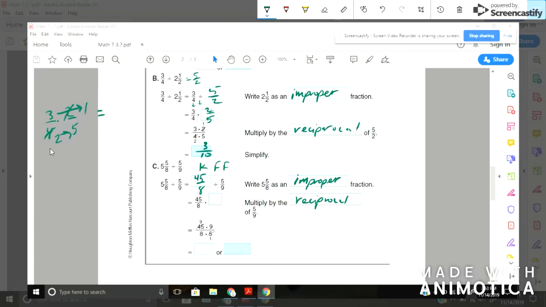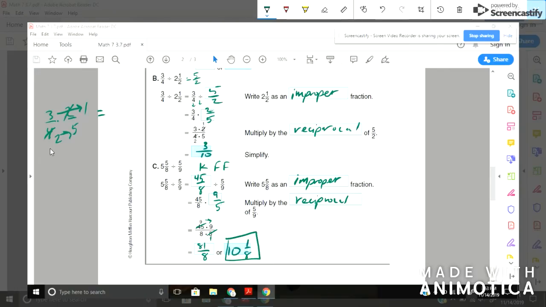So that would be 9/5. Okay, I can simplify before I multiply. So 45 and 5 have a common factor of 5. 5 divided by 5 is 1. 45 divided by 5 would be 9. So on top, I'll have 9 times 9 giving me 81 over on bottom 8 times 1 would be 8. Rewriting that into a mixed number, 8 goes into 81 10 times, which would be 80. We'd have 1/8 left over.